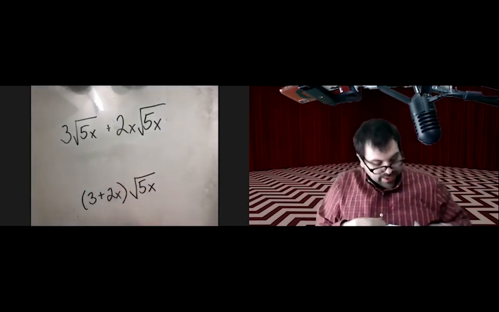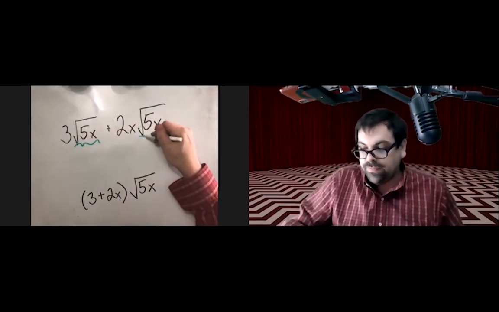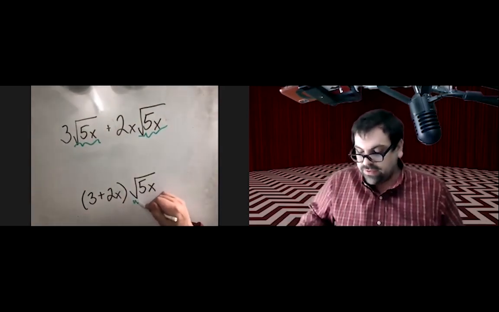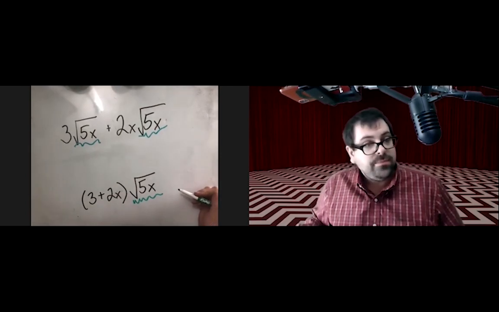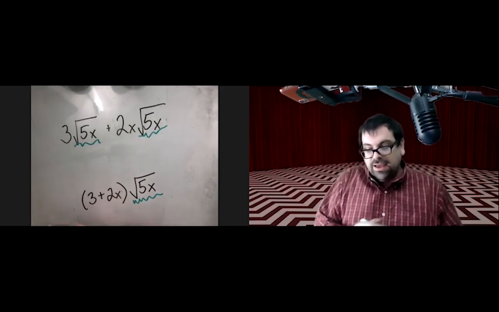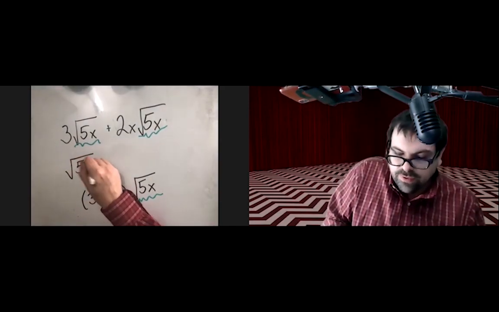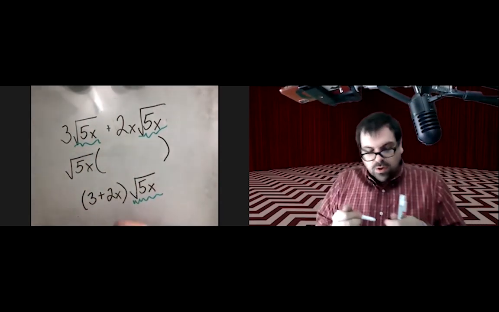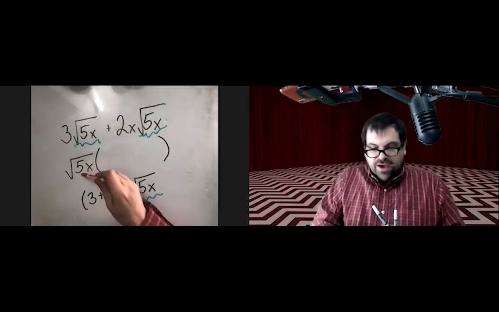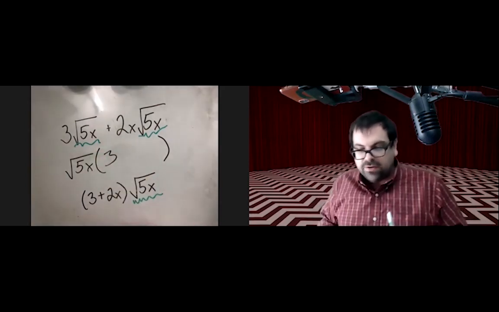You can think of it as taking that common factor and factoring it out to the right. Or if it helps you think of it off to the left, if this is too weird for you, then we're factoring out the radical 5x. What are we left with? Radical 5x times 3 is 3 radical 5x.